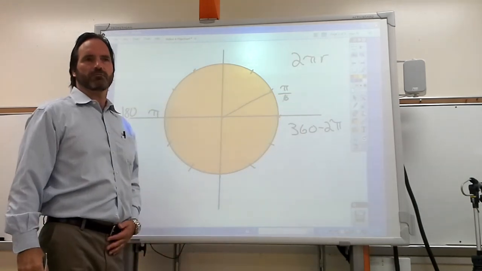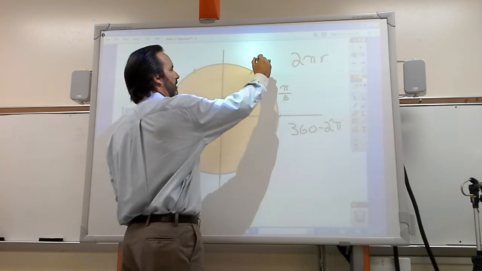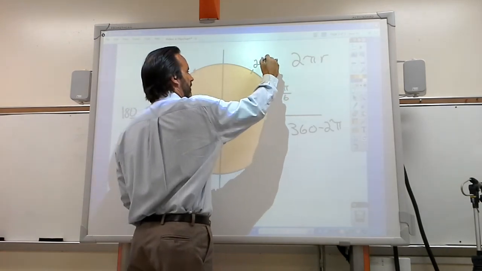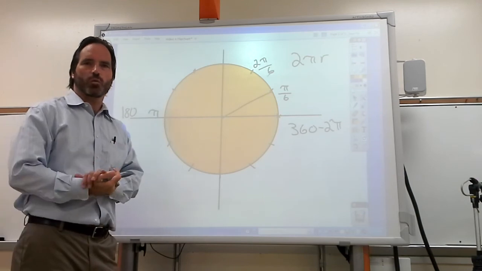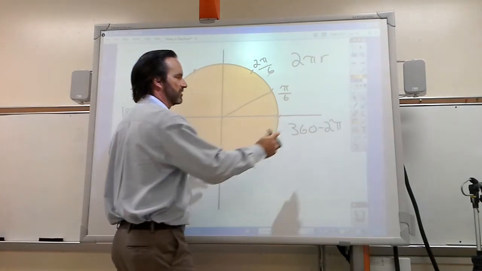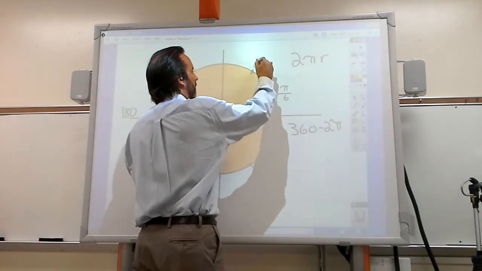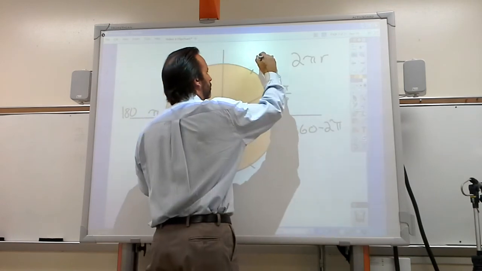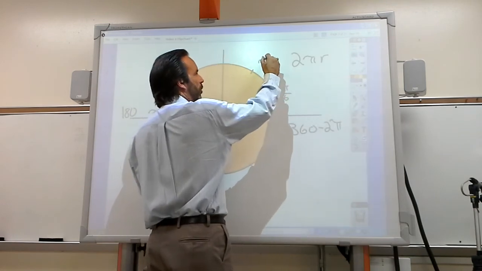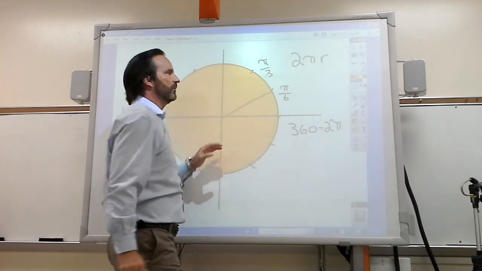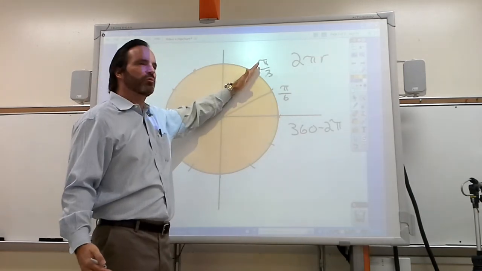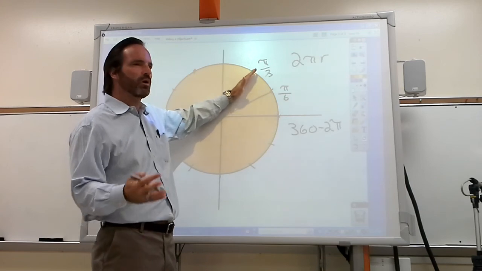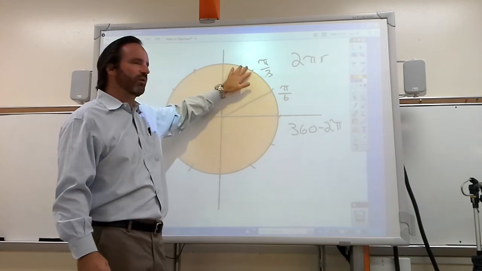This is going to be 2 pi over 6. But remember, 2 over 6 is what? 1/3. So let's change that to 1/3 pi, or pi over 3. Remember, if you divide 3.14 and so on by 3, that's really how many radians it is. Remember, 60 degrees is about 1 radian roughly.